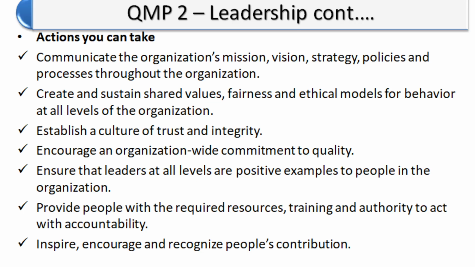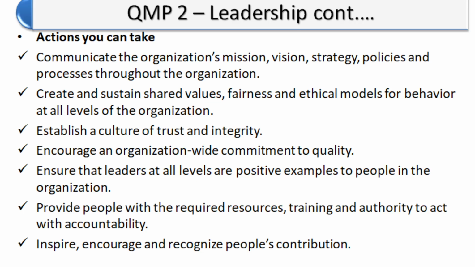You have to share the same values that top management has with the ground people who are working. The same ethics and fairness should be there. Third, you have to establish a culture of trust and integrity. There should be trust and integrity among the people working together to achieve the common goal.